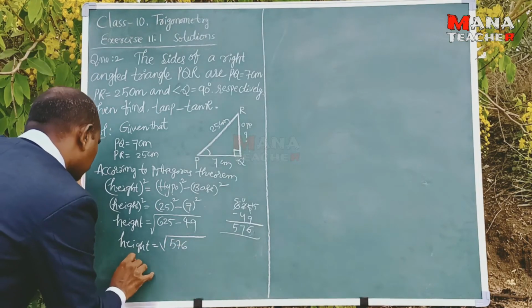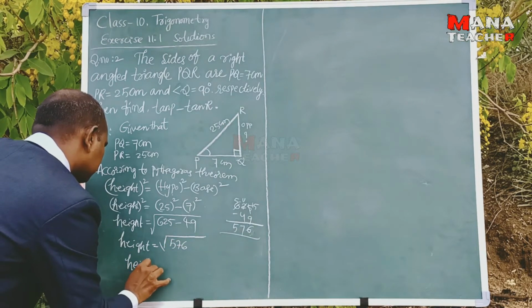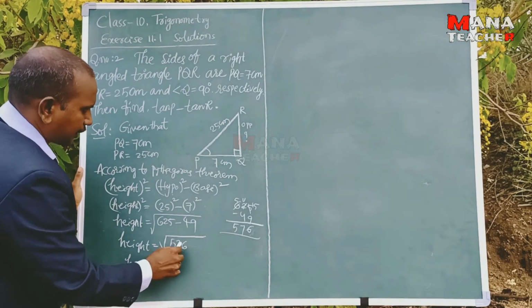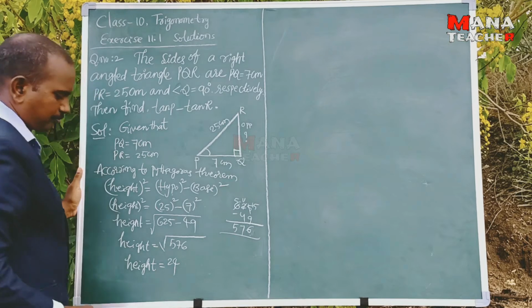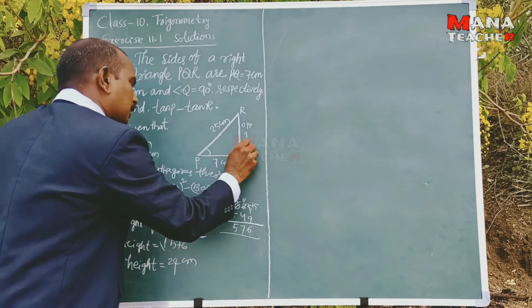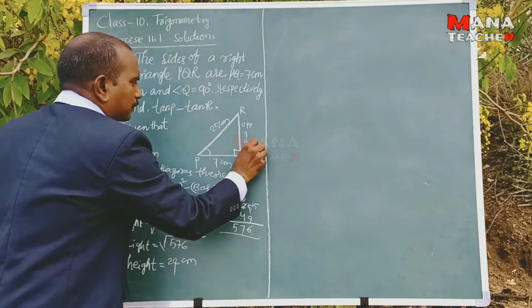Now height equals the square root of 576, which is 24 centimeter. Now the opposite of P is 24 centimeter.